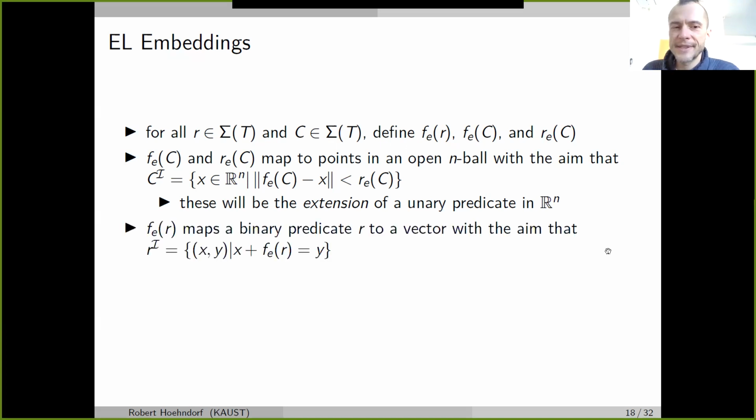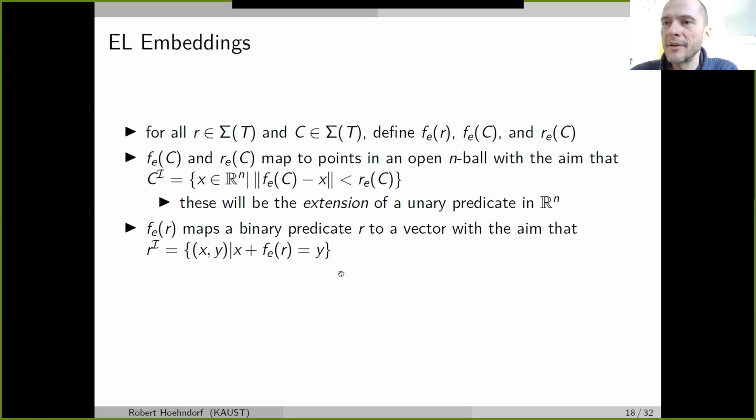The second is the embedding of the relations. For relations, we reuse a property based on a knowledge graph embedding method called TransE. Essentially, we take the interpretation of R to be all pairs, all tuples of points x and y, such that x plus the embedding of R equals y.